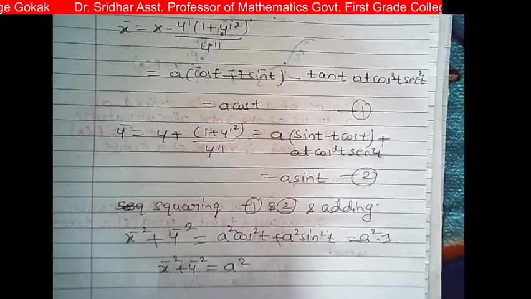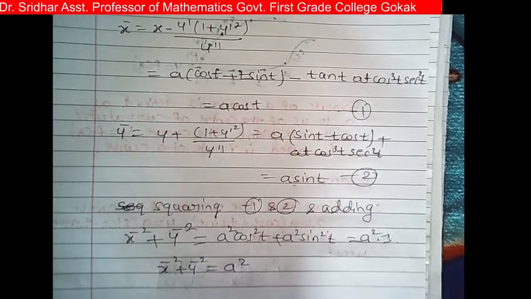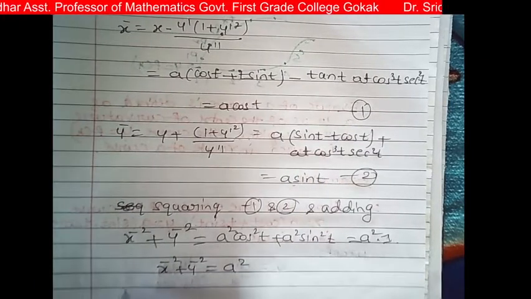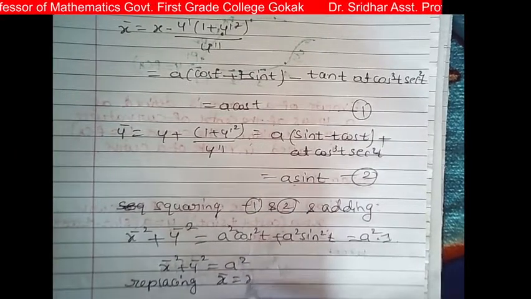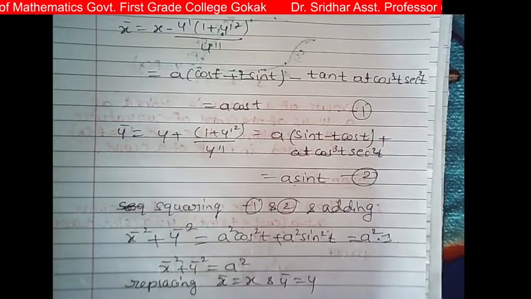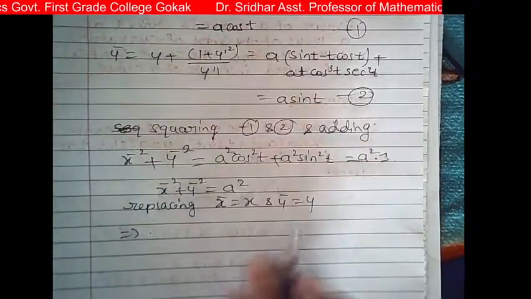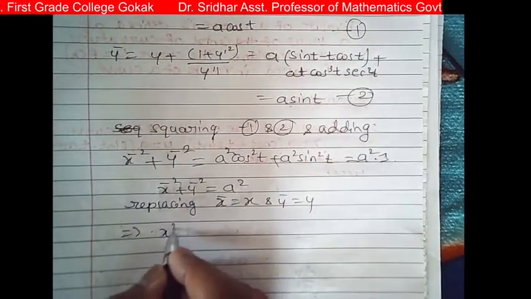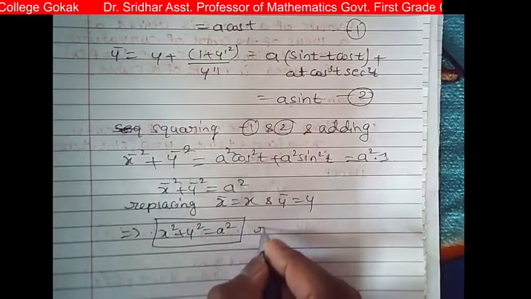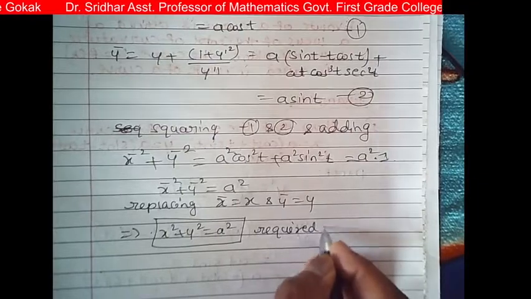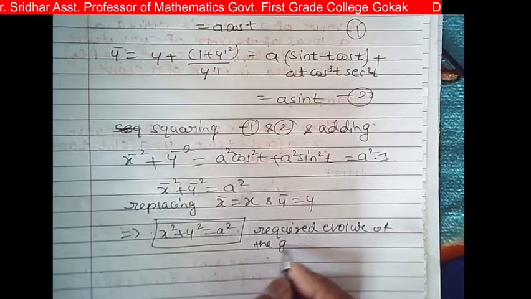Now we need evolute of a curve. So evolute means what? It is a locus of the center of curvature. So therefore what we do here, we replace x bar as x and y bar as y, which implies x square plus y square is equal to a square, which is the required evolute of the given curve.